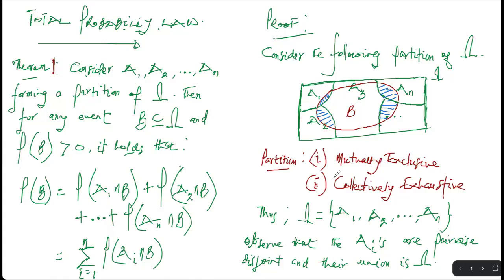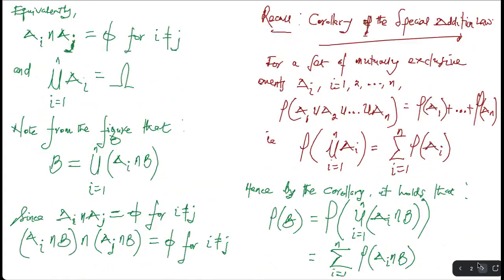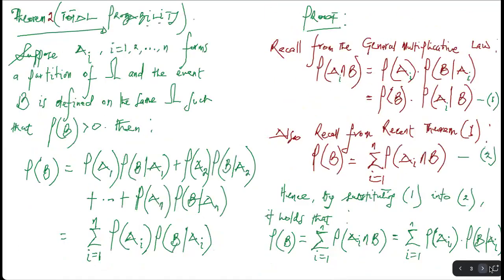These two conditions are required for us to consider a particular region as a partition. Then, using that figure and recalling the special addition law of probability, we leveraged that to formally establish the total probability.